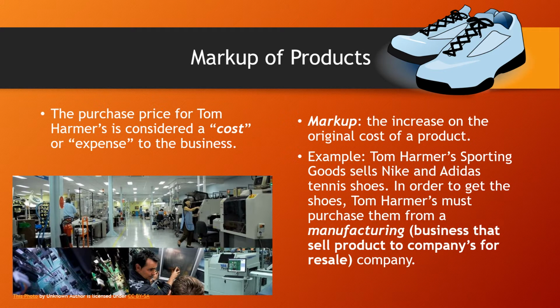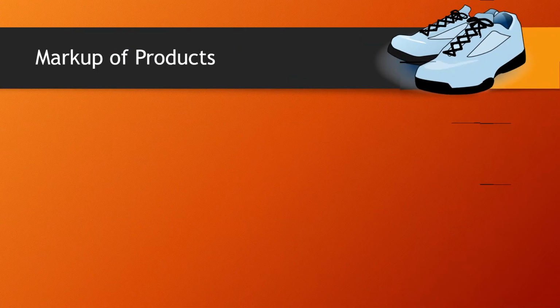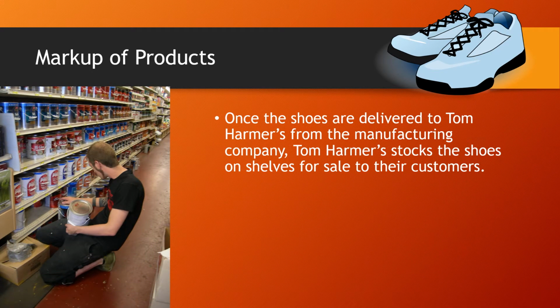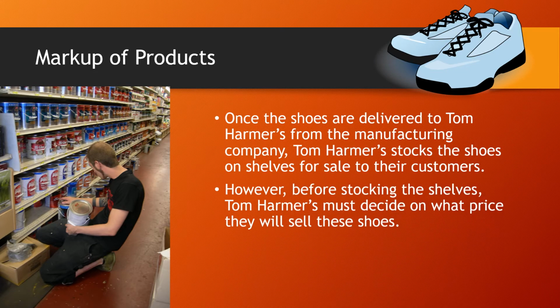The purchase price for Tom Harmer's is considered a cost or an expense to the business. Once the shoes are delivered to Tom Harmer's store from the manufacturing company, Tom Harmer stocks his shoes on shelves for sale to their customers.